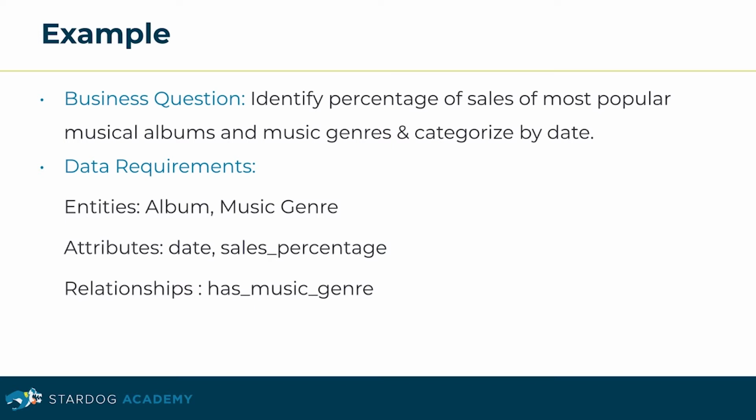Looking into this question and analyzing the data requirements in it, we identify the key entities being album and music genre, and also important attributes around albums such as date and sales percentage. Lastly, we also identify the relationship between album and music genre, with the has music genre relationship identified.